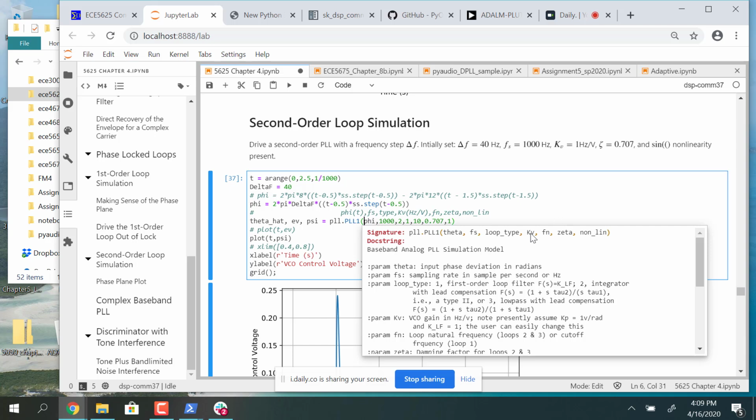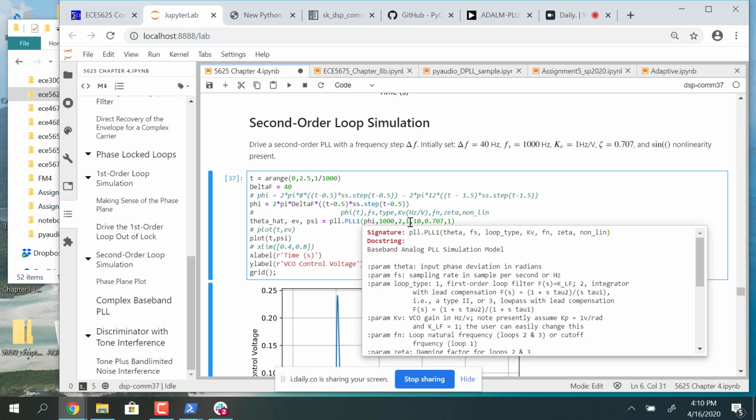And then I get to put in K_V, the VCO gain, but I typically will just set K_V equal to 1, so that the signal present at the input to the VCO will exactly reflect the frequency that the VCO is tuning to.